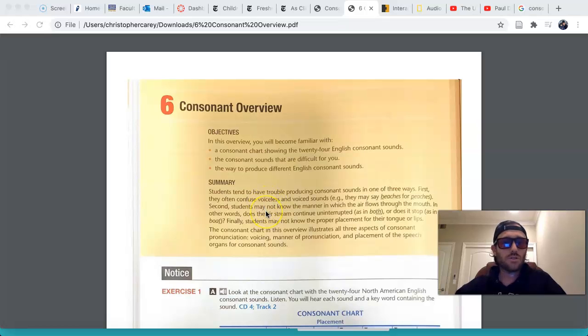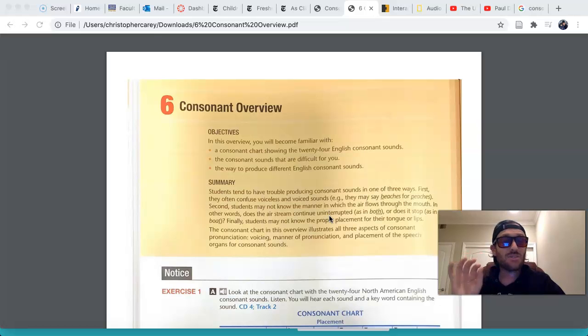Another way that students have difficulty is the manner in which air flows through the mouth. There are 2 primary ways that air is allowed to go through the mouth. Uninterrupted, meaning that air flows freely.